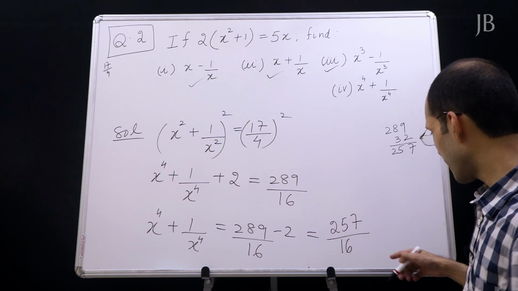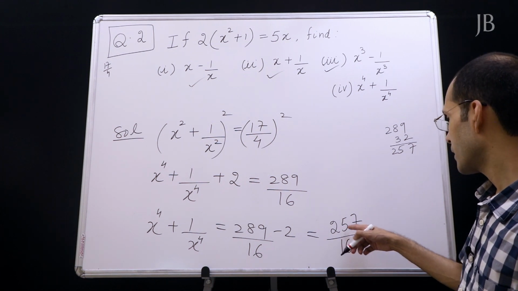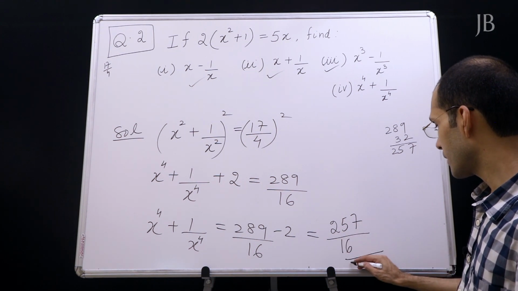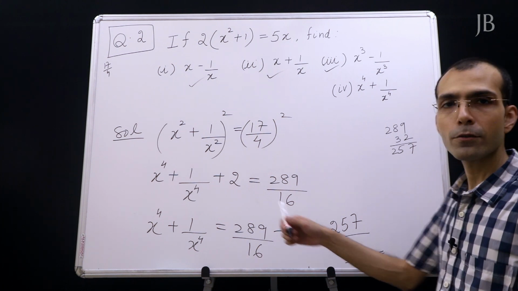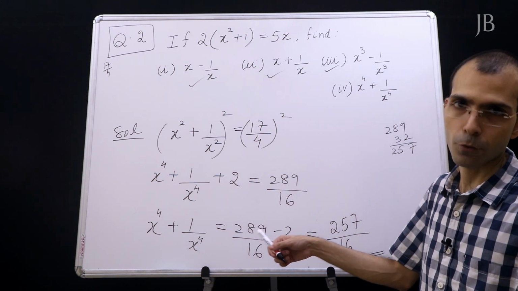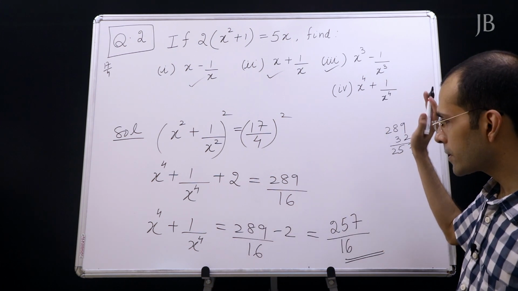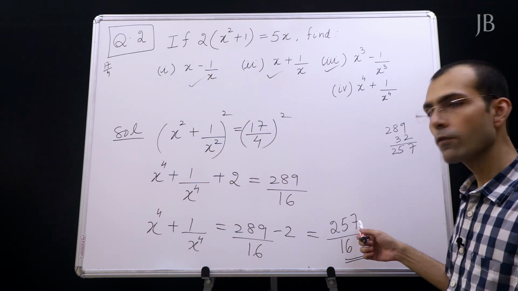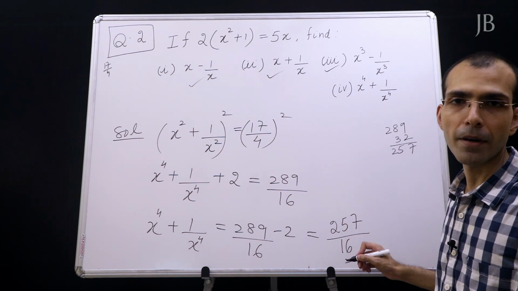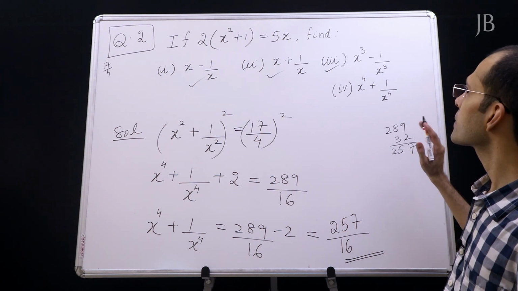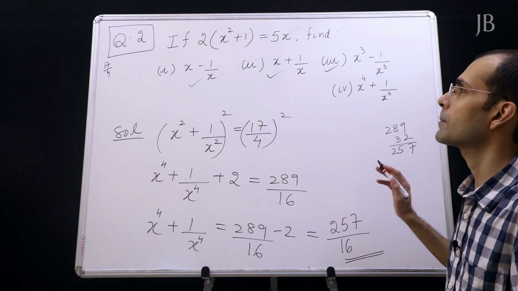Can it be simplified further with 4, 7? No, and this is the best form. So x raised to 4 plus 1 upon x raised to 4 under the given conditions works out to be 257 divided by 16. And this completes your question number 2.